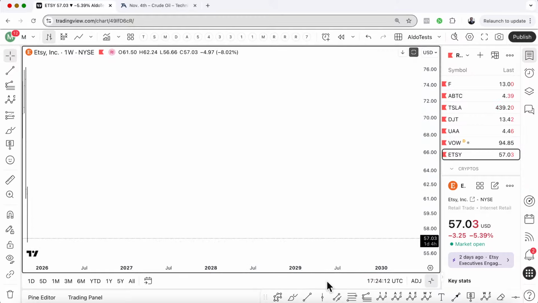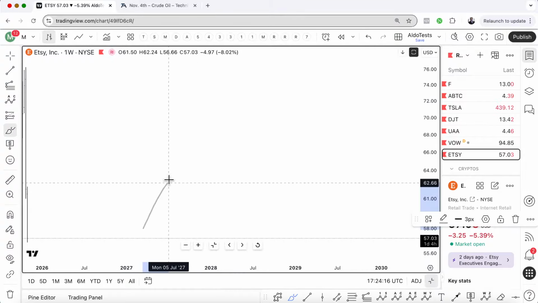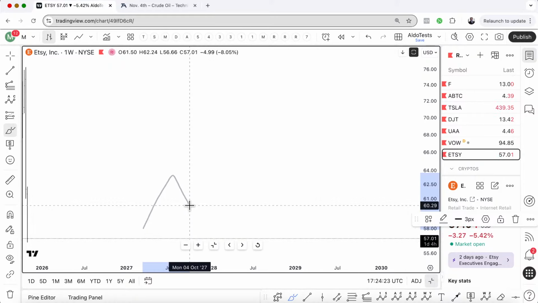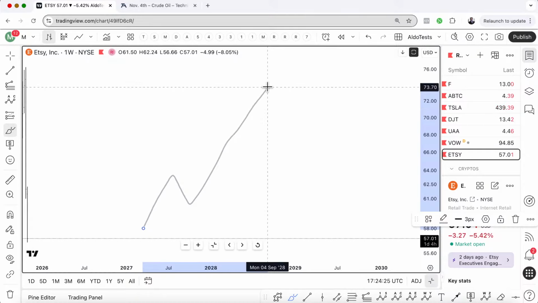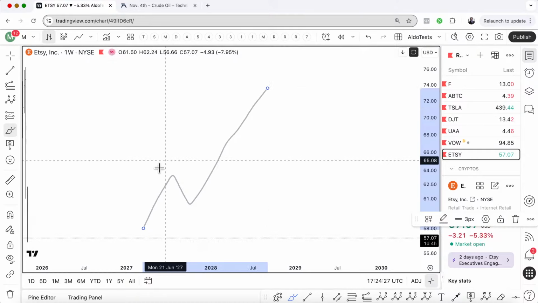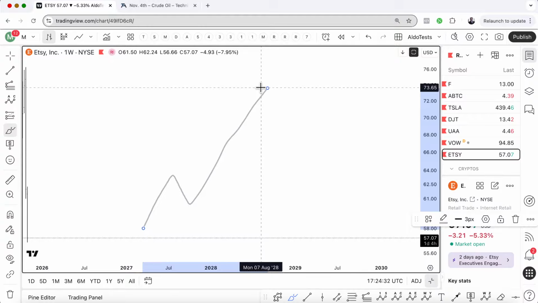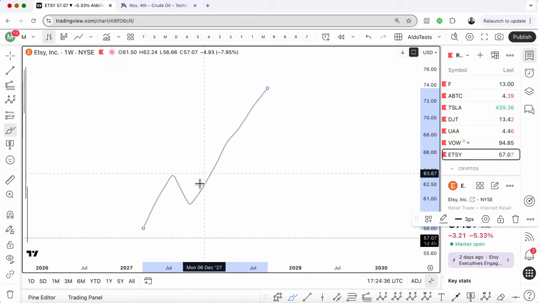But let's say that this wave moved from 10 to 15, and the third wave moved from 5 to 25. Well, this one moved 5 and this moved 15. No, actually 20, right? So which one is bigger? Well, this one. So it's a difference in price, not the steepness.